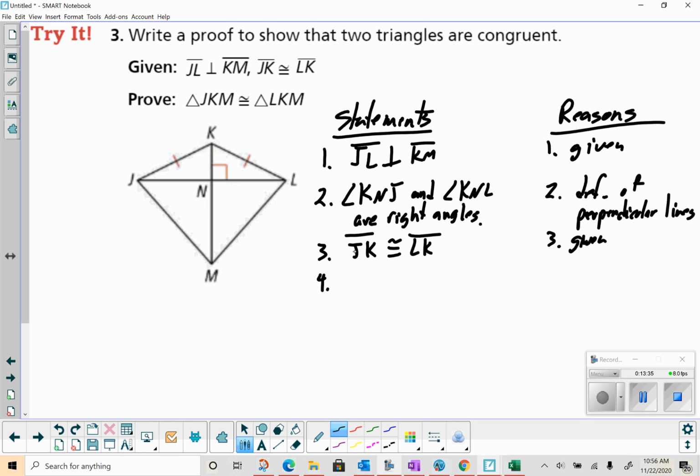I've said that, again, from the other given, I have the two hypotenuses that are congruent. I can then say that segment KN is congruent to segment NK by the reflexive property of congruence.